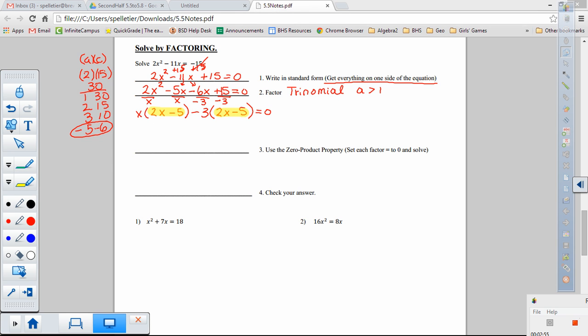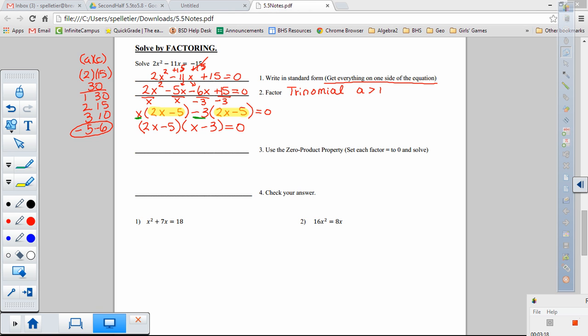That's the goal. That's what we want to happen. So I'm going to take the 2x minus 5 and set it out front as a factor. And what's left, remember, is the x minus 3, and that becomes your second factor. All right? So there, we factored it down.